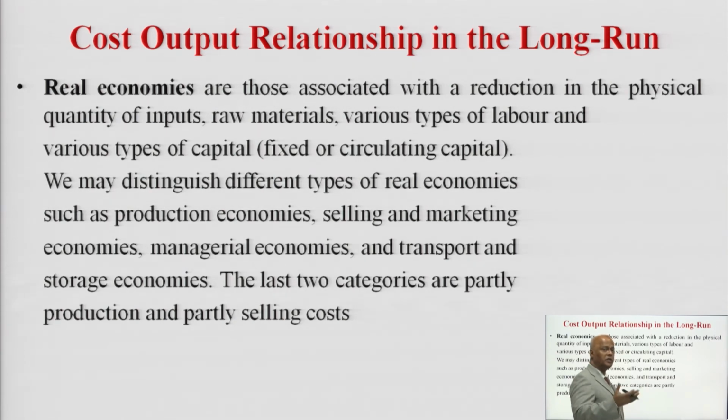Otherwise, if the machine capacity is 50,000 to produce in 1 hour, but initially your product is not recognized in the market and people are not purchasing it, obviously no firm will produce those 50,000 products per hour. They will produce at less than 50,000. So the machine is underutilized. Similarly with labor, you have to hire the labor, and you cannot retrench them immediately. Today you have hired the labor and tomorrow you cannot just ask him to go.